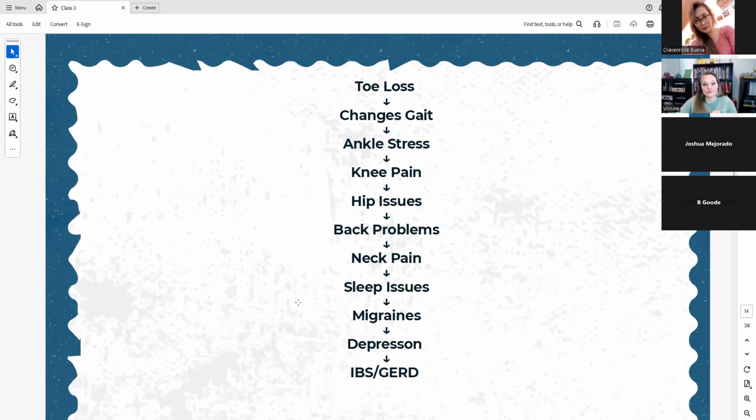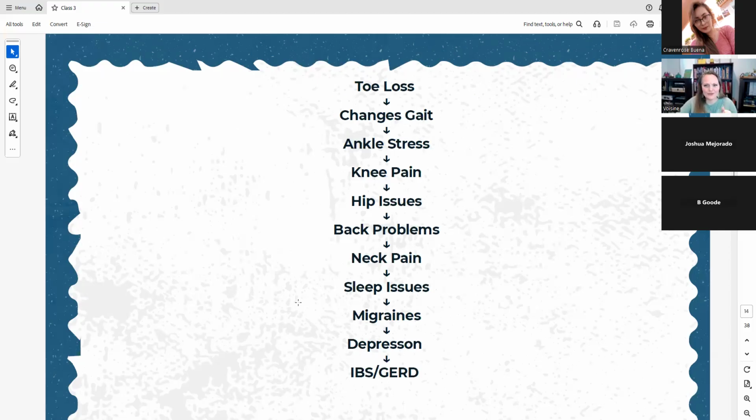So if you lose a toe, it changes your gait. That puts stress on your ankle. That's going to then create knee pain. It's going to then create hip pain, back problems, neck pain, sleep issues, migraines, depression, IBS. So it is a domino effect from one part of your body.